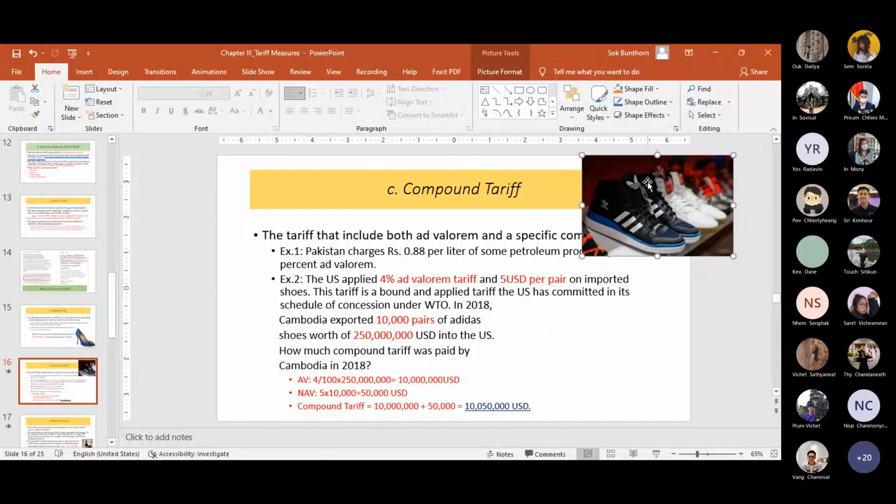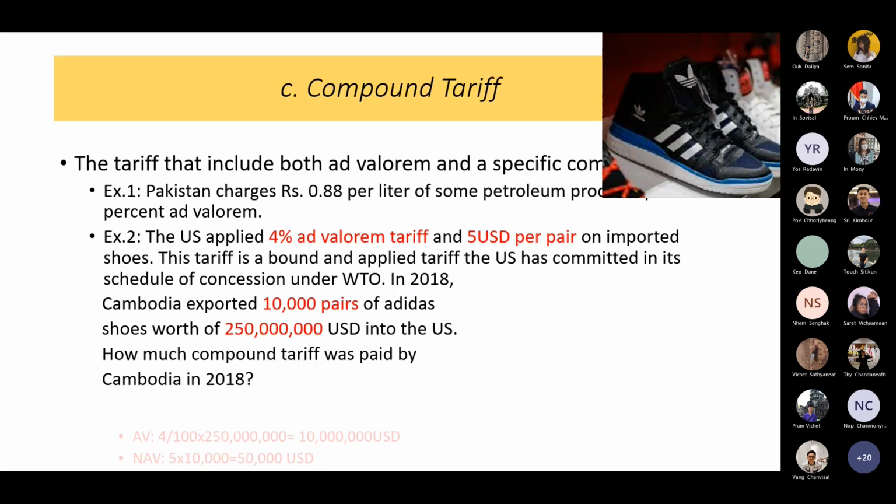How much compound tariff was paid by Cambodia to the US? The tariff has two parts, one ad valorem and one specific. How much does Cambodia have to pay?